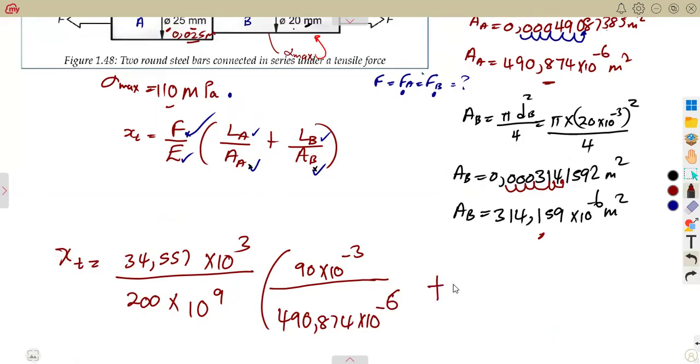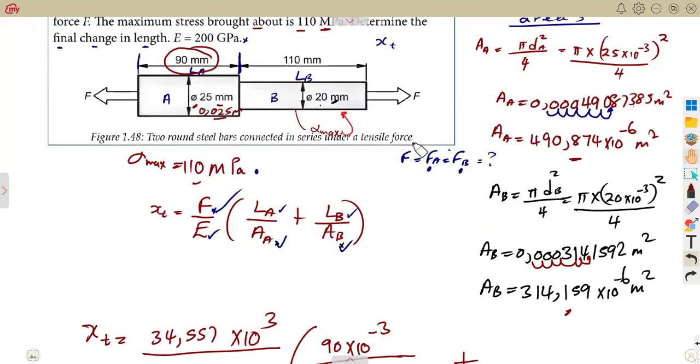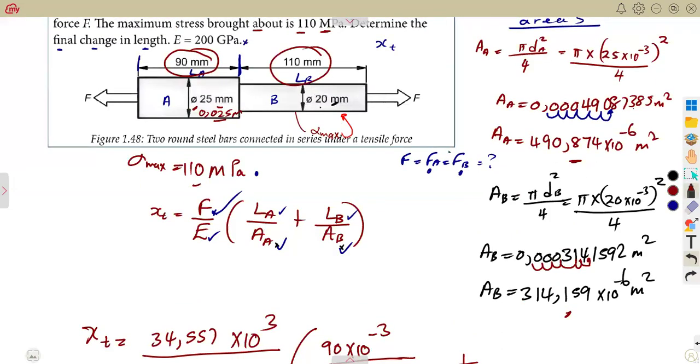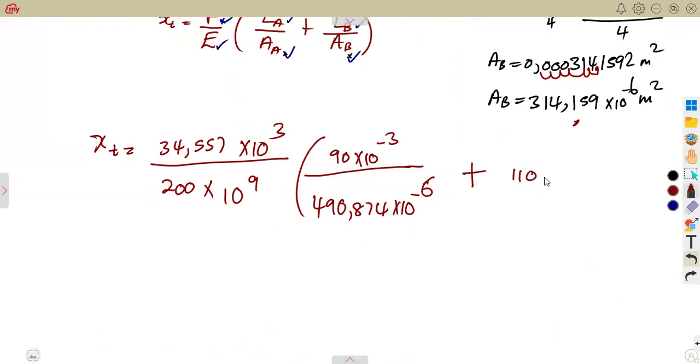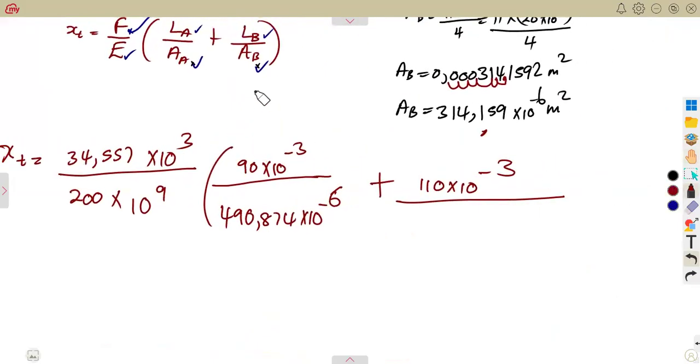Then we can add the length at B from our diagram again. It is there, 110 millimeters. So that's 110 times 10 to the exponent of negative 3 over the area affecting at B. We calculated this also: 314.159 times 10 to the exponent of negative 6.